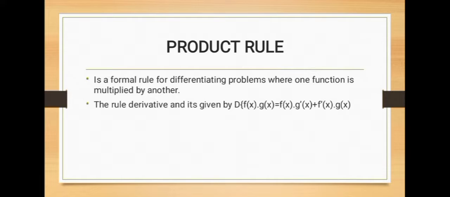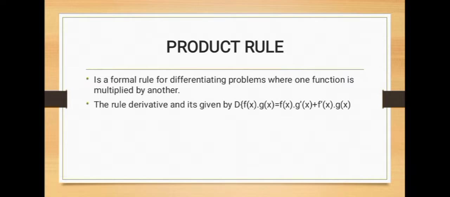The derivative is given by: the derivative of f of x times g of x is equal to f of x times g prime of x plus f prime of x times g of x. So when we have f of x times g of x, what are we going to do to find its derivative?